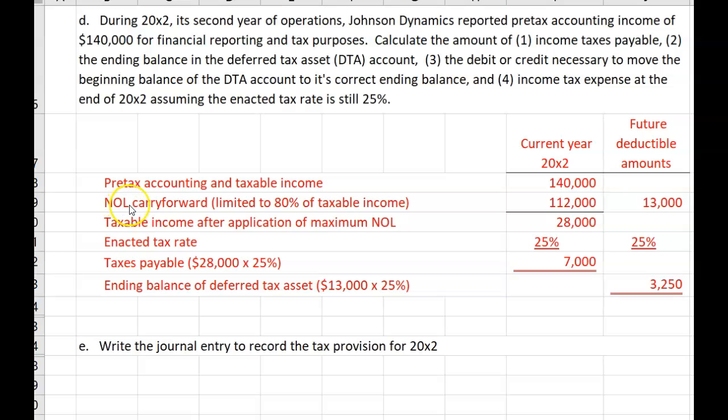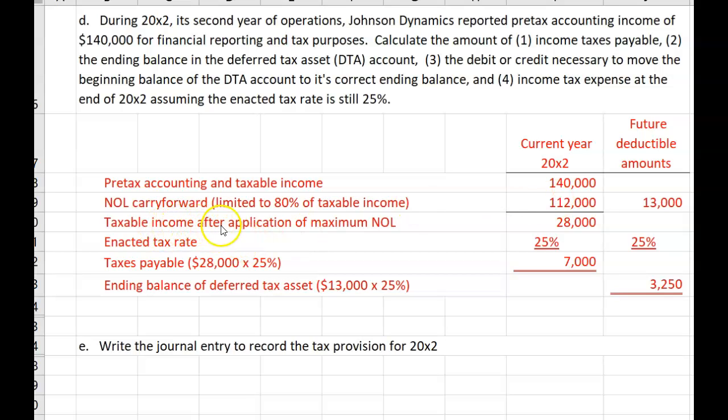The NOL carryforward is actually $125,000, but under current tax law, it's limited to 80% of taxable income. So $140,000 times 80% equals $112,000 of the NOL that we can use against taxable income in 20X2 on the tax return.